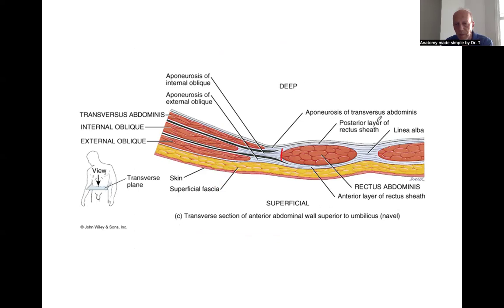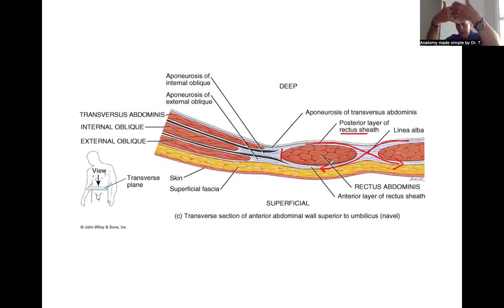As they surround the muscle, they form the rectus sheath, and they do not end abruptly at the midline. Fibers coming from, let's say, the left side, reach the midline and continue over to the right. Fibers from the right side also reach the midline and continue further to the left.